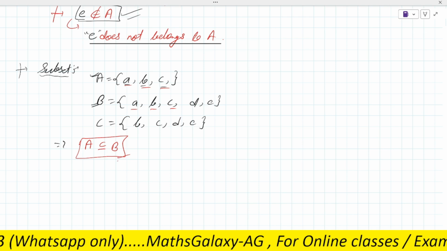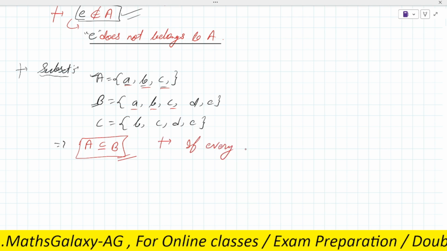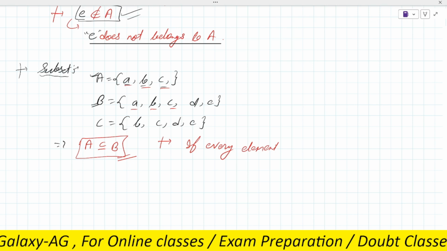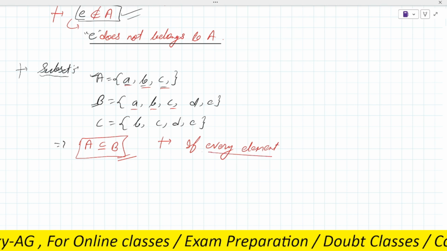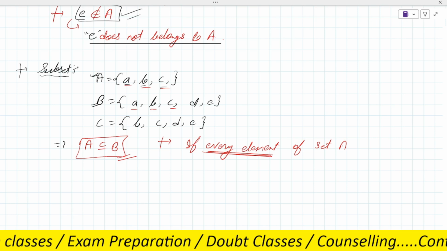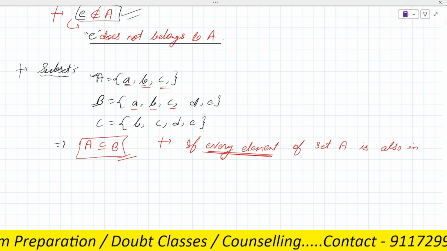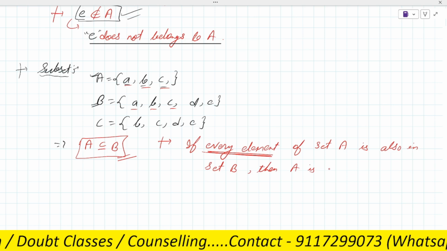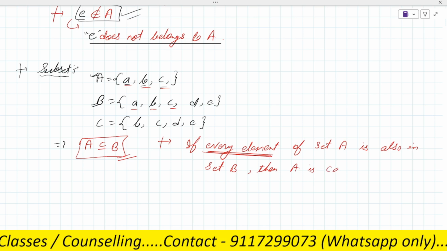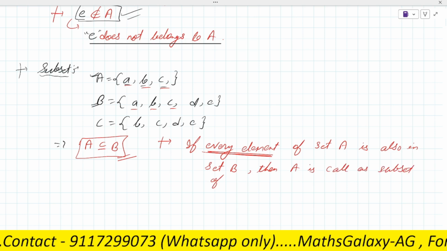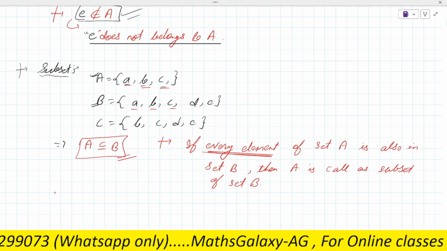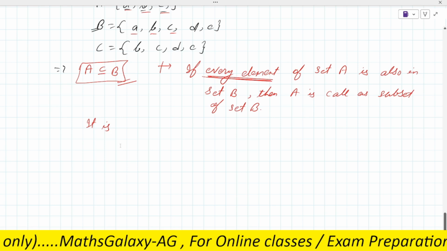So what we can say is that if every element, please focus on this point, every element of set A is also in set B, then A is called a subset of set B. It is denoted by this sign.